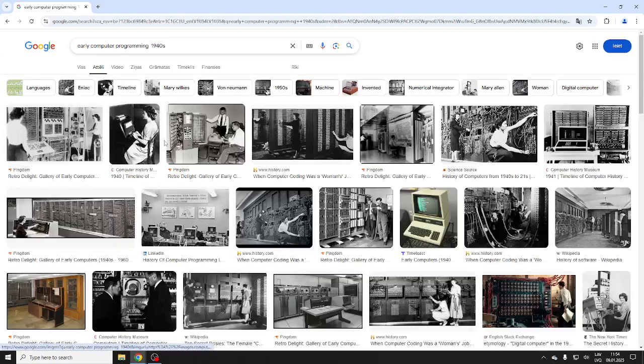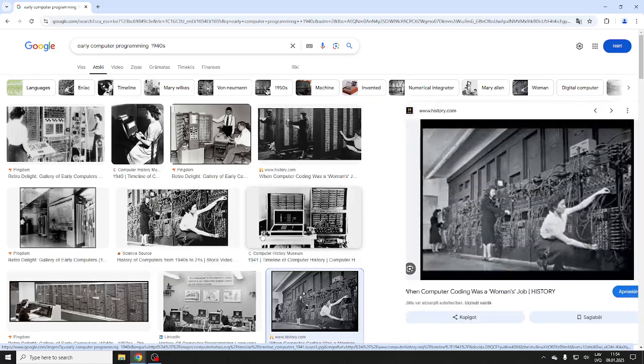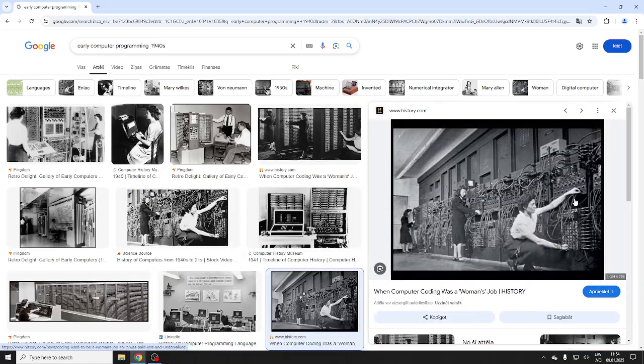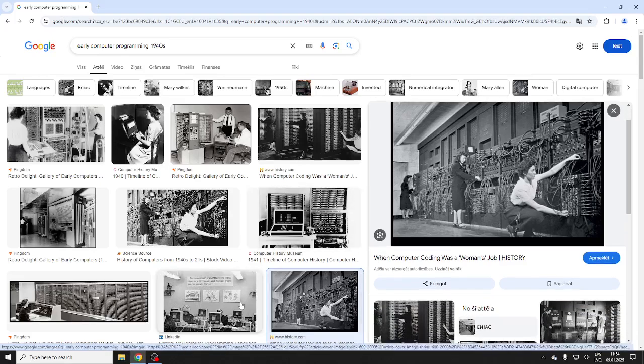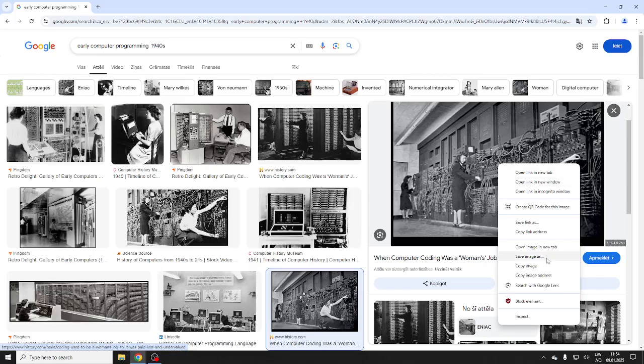This looks like the 50s to me because I see some spinning tape. Well, something like this is more like it. Yeah, so this is history. That's what programming was like. Pretty interesting, but I would not want to do this.